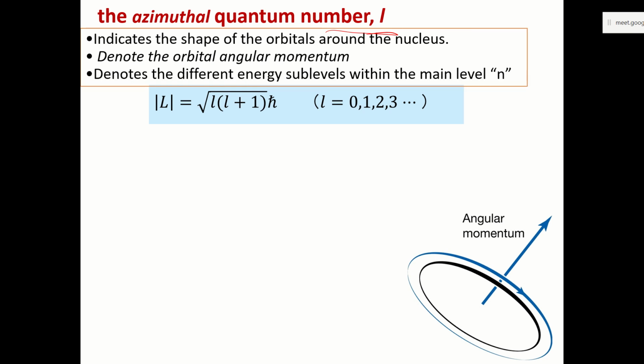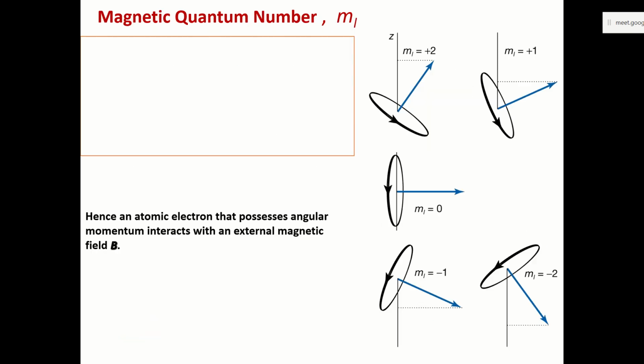Okay, and then if L is equal to 2, what are the orientations that it can have in three-dimensional space? So you look at this picture.